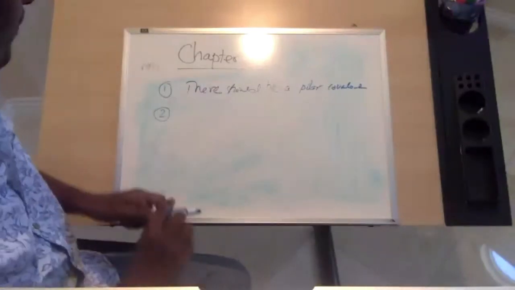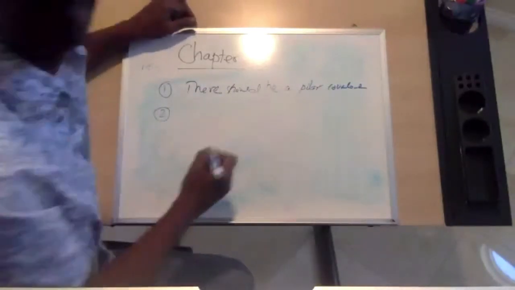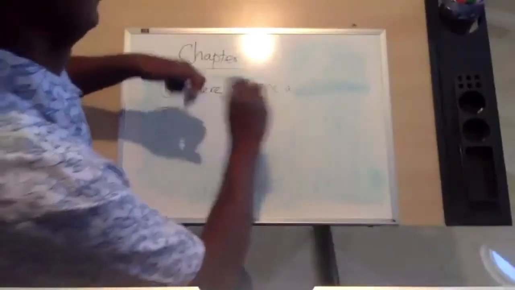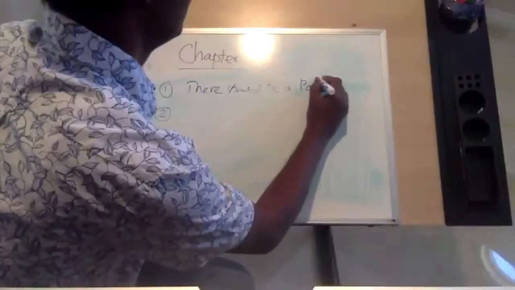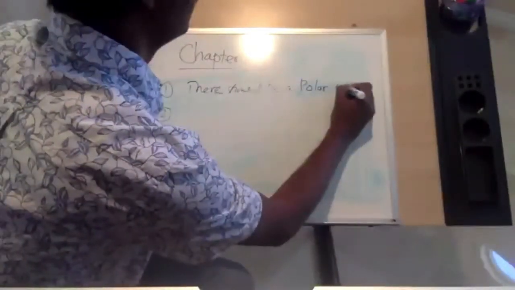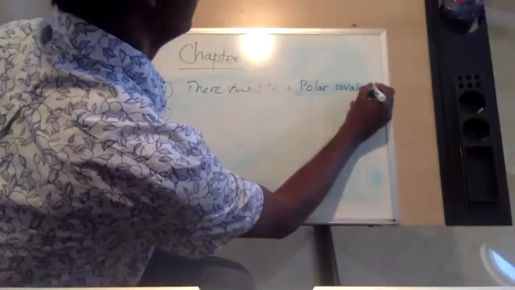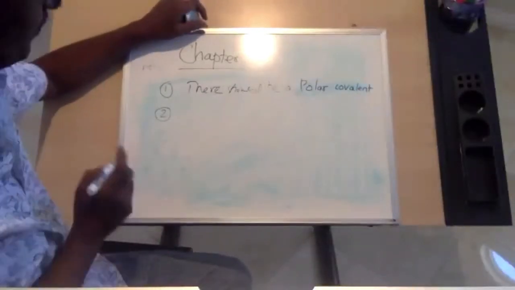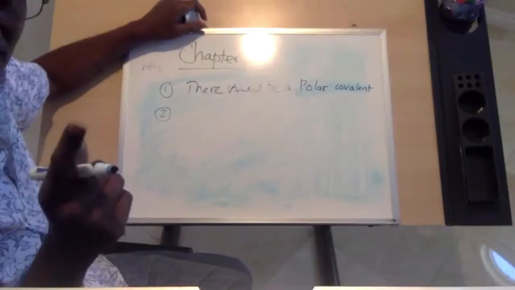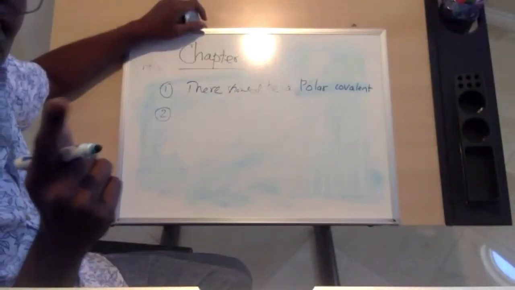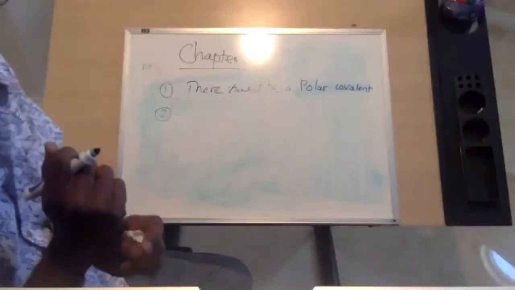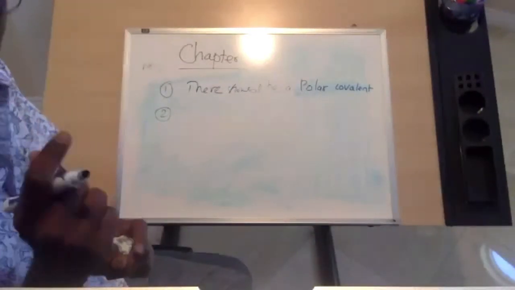Polar covalent bond. Sorry, let me write a little bigger. Polar covalent bond. The second condition is that the molecule must have a non-uniform distribution of electron cloud. Okay, so how does that work?